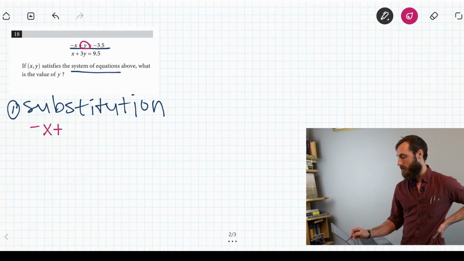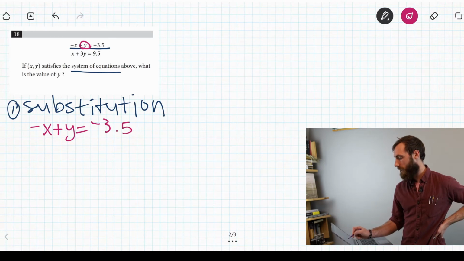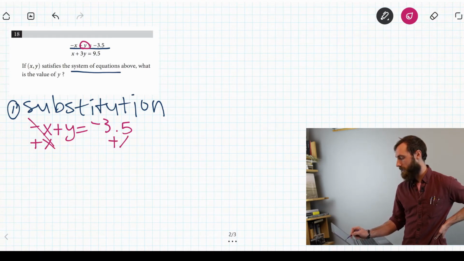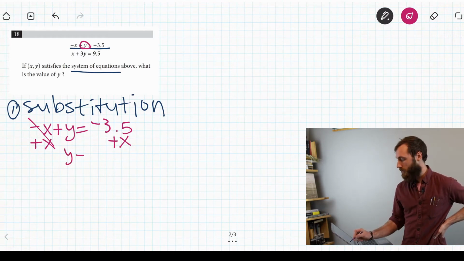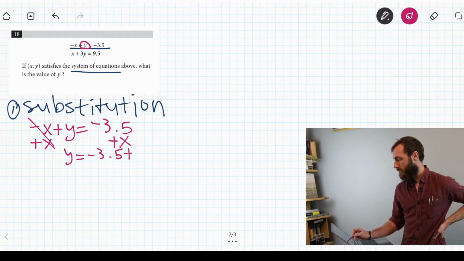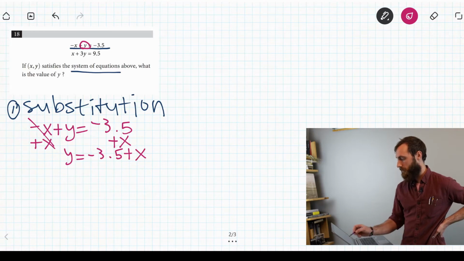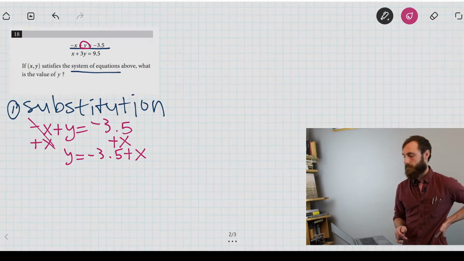So I'll rewrite the equation, negative x plus y equals negative 3.5. And if I'm trying to isolate the y variable, then I'm just going to add x here to cancel it, and add x to the other side to keep the equation balanced. And so I'll end up with y equals negative 3.5 plus x. That's the first step. Isolate one of the variables.